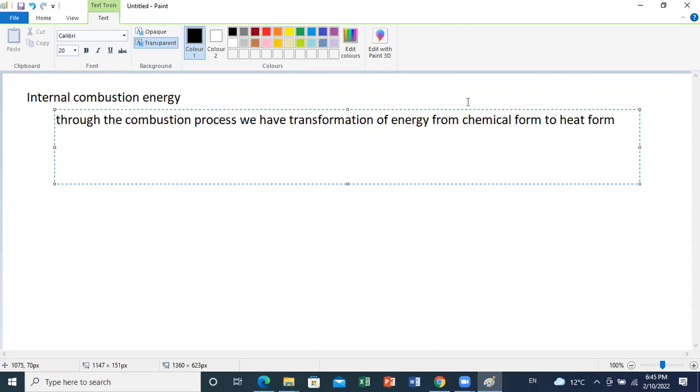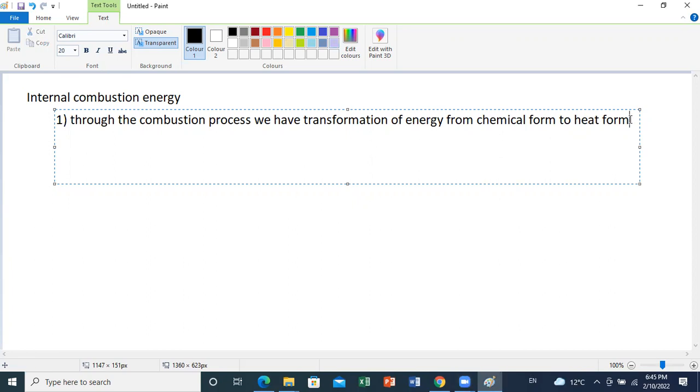And after we transform the energy from chemical to heat form through the combustion process, what is the next step? This is the first transformation we'll encounter in internal combustion engines. After this, mechanical motion, exactly. From heat to mechanical.